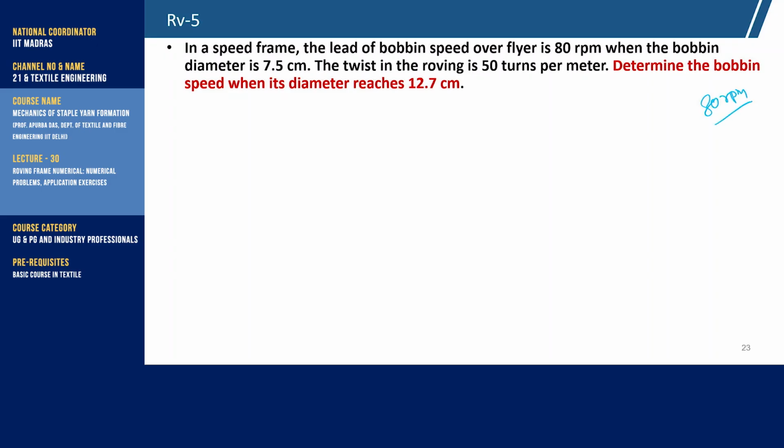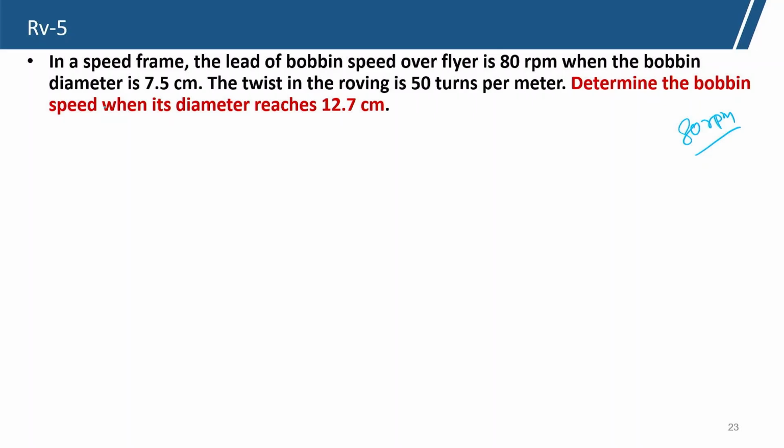That means the bobbin is leading over the flyer by 80 rpm. Leading over the flyer means NB minus NF is given as 80 directly, and at that point dB is 7.5 centimeter. These are given.